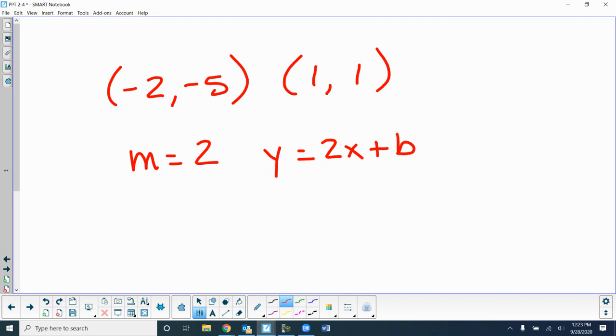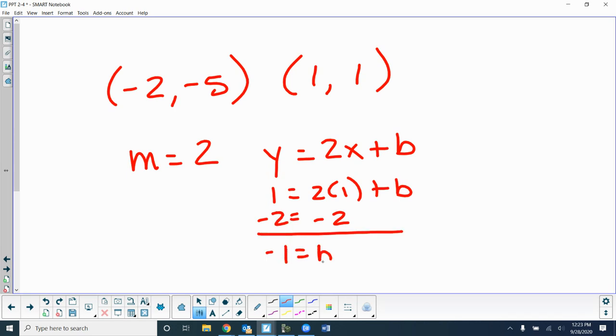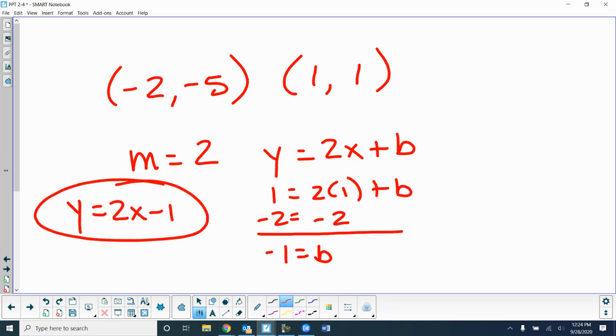So let's use the point 1, 1. 2 times 1 is 2, so when I move it, subtract 2, what's 1 minus 2? Negative 1. So it's y equals 2x minus 1. Simple, right? Okay.